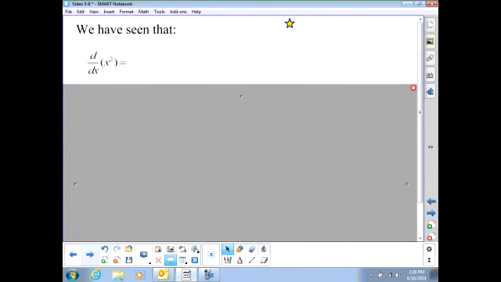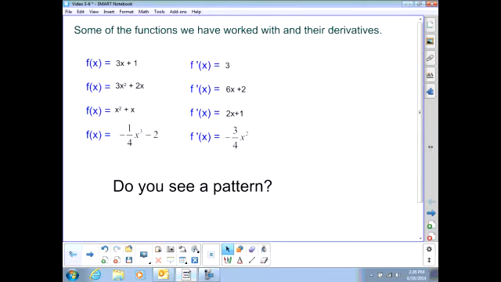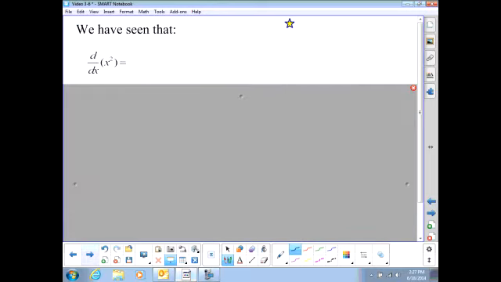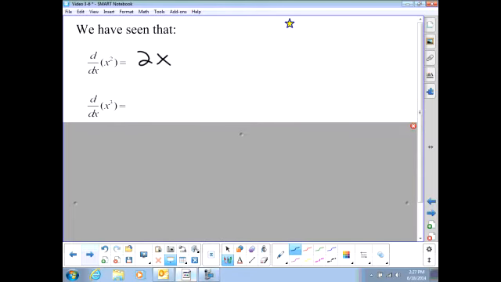So if we had x squared, notice here in this third one, we had x squared plus x. Well, the x squared part eventually turns into 2x. So the derivative of x squared becomes 2x. Where that's coming from is the 2 multiplies what's out front, which is just a 1, and then your exponent goes down 1.